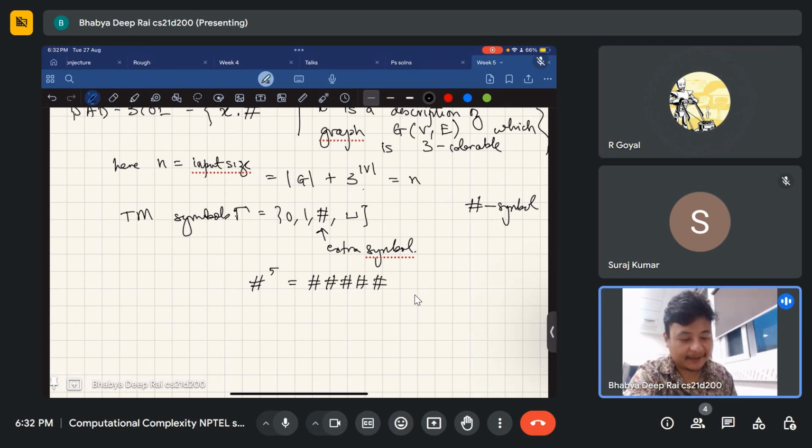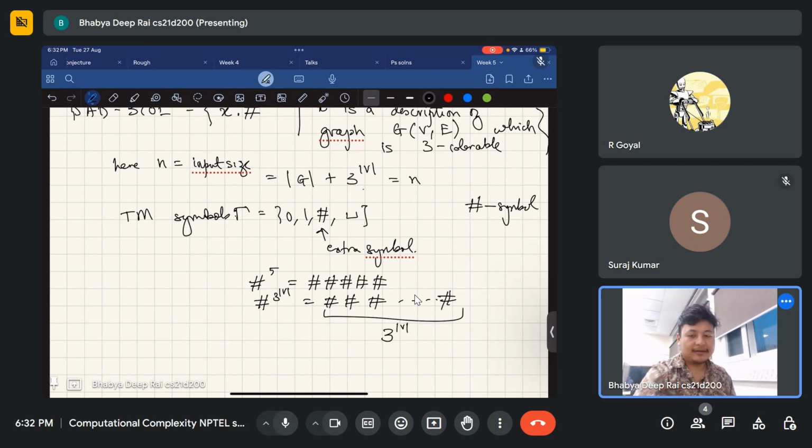This symbol is given 5 times. So a hash to the 3 to the size of v means there are 3 to the size of v many hashes following the actual input. So you get it, right? That's why I'm saying we are inflating the input.